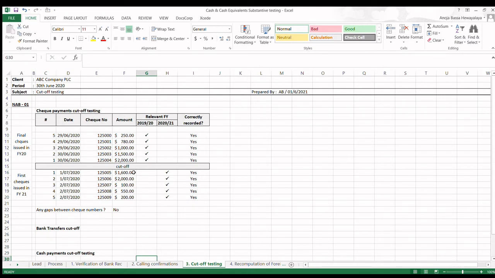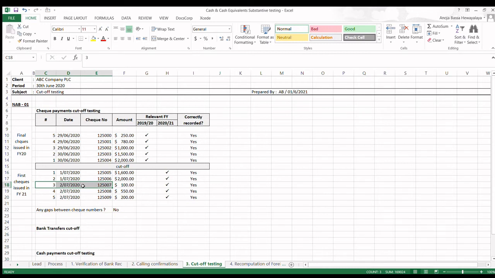When you do cutoff testing, especially with check numbers, just make sure the sequence order is maintained. If you come across any gaps between the checks issued, you should ask why there is a missing check, because, as I said initially, there is a high risk for cash.